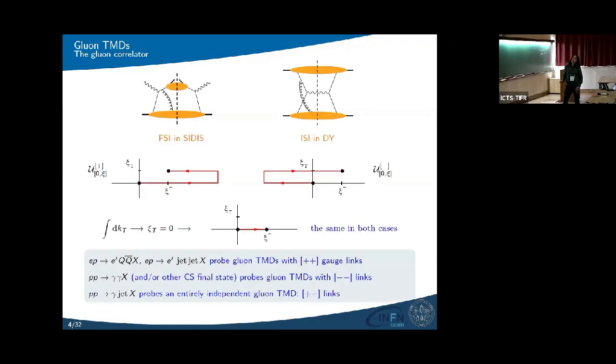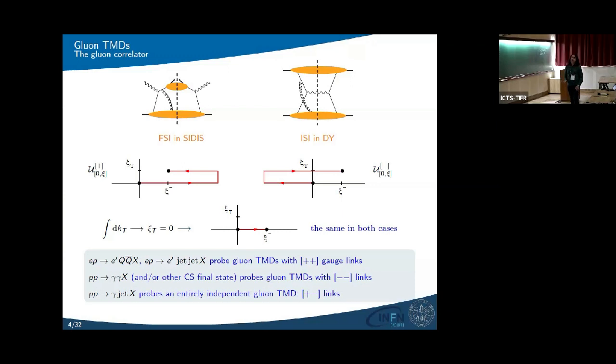If we study a process like SIDIS, in which you have only final state interactions, then the path integration will go to plus infinity, then along xi minus, then it will move here in the transverse direction and go back here.